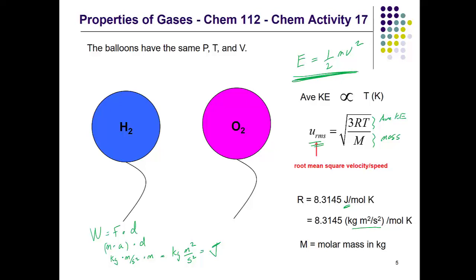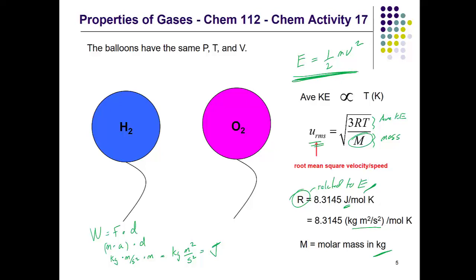So again, we need to use the R term here that's related to energy. If you use the other R term, you're going to get the answer incorrect. Now, the other thing that we need to mention is, while I just simply indicated this capital M corresponds to mass, it has to be the molar mass of your gas in kilograms.